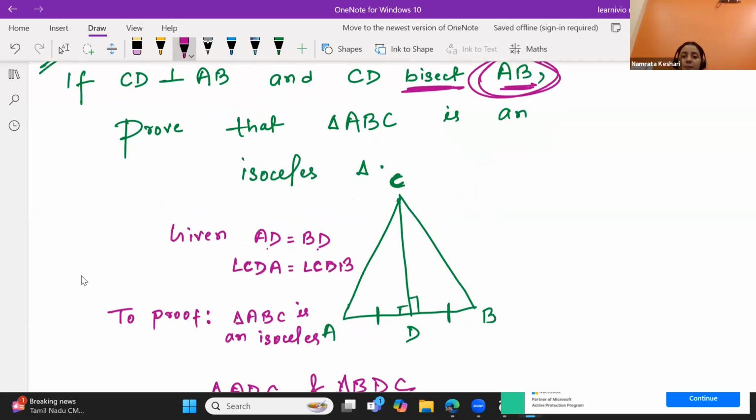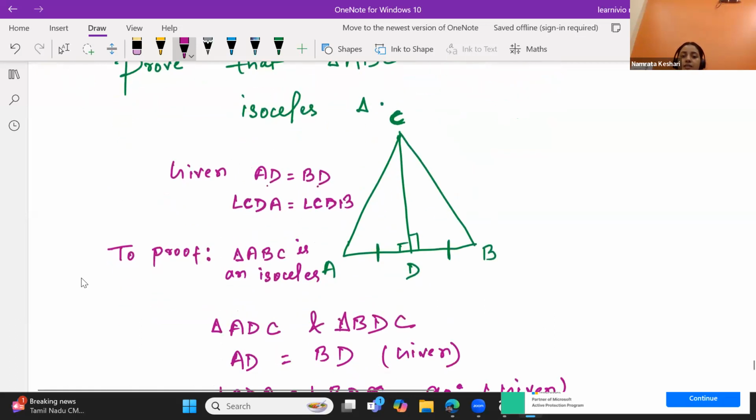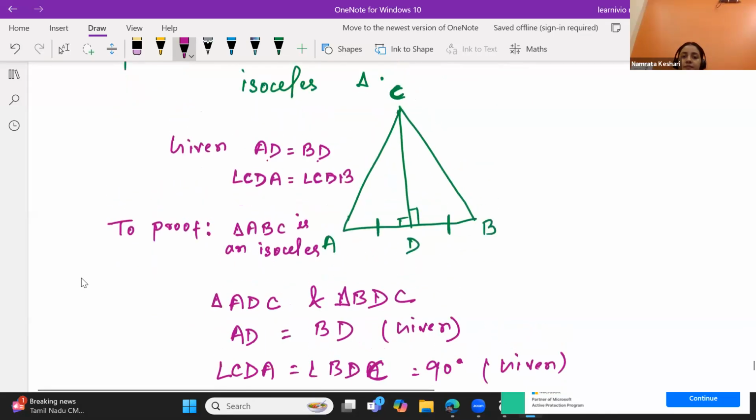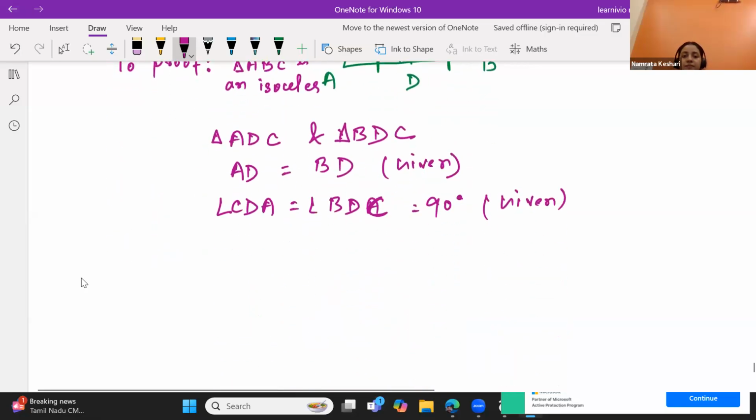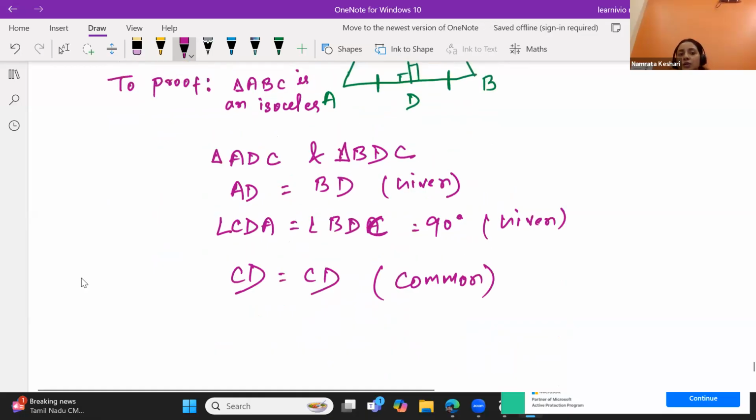CD is the common side, right? CD is here and CD is here also. It's a common side. Now let's check whether any congruency criterion is working or not.